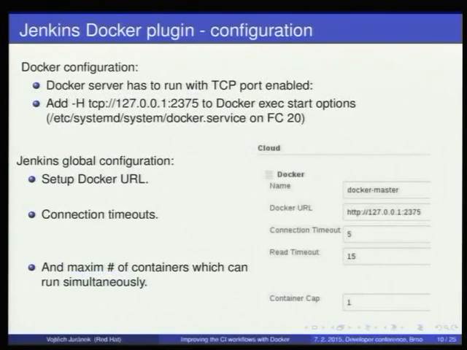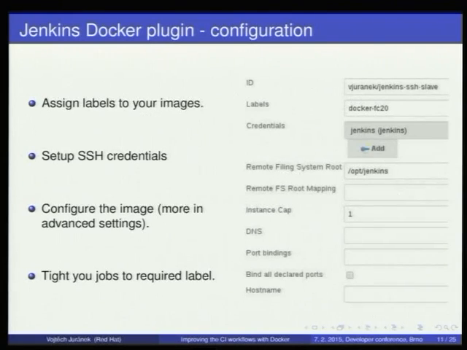Okay, so here's a sample configuration, nothing special about it. In the global Jenkins configuration, you specify the Docker URL. You have to configure Docker to listen on a TCP port. This is the only condition to make it run. And then, as I said, define your images.